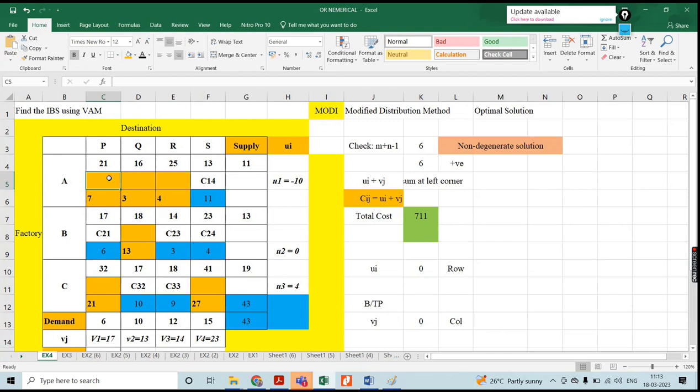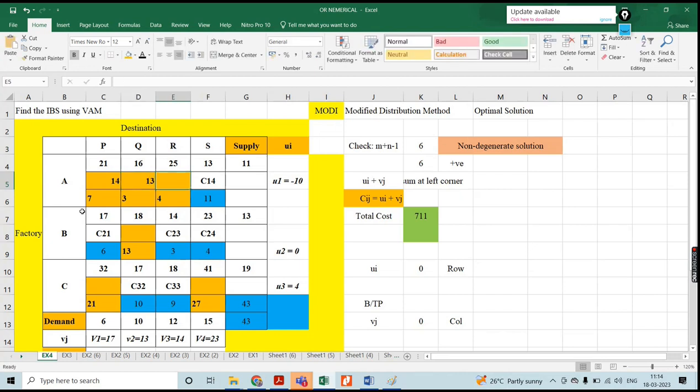What is this? Cij minus the sum of Ui and Vj. The sum of Ui and Vj is 7, Cij is 21. This is only for unallocated cells. Allocated cells are not considered at all. What is 21 minus 7? 14. 16 minus 3? 13.